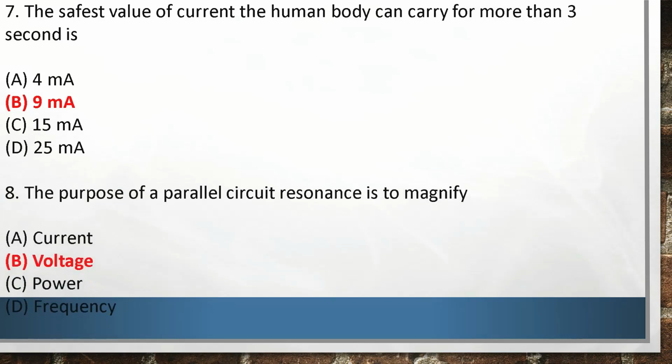Moving to 8, the purpose of the parallel circuit resonance is to magnify, and the option is A current, B voltage, C power, D frequency, and the answer is B voltage.